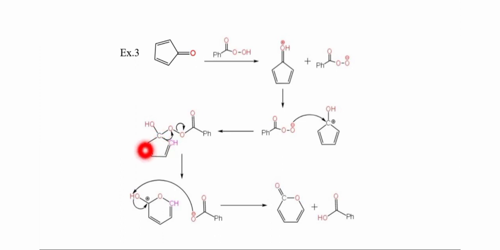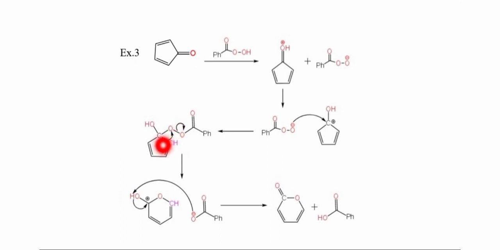Okay, in this case we don't have selectivity, or we don't have to apply migratory aptitude, because both carbons are secondary carbons. Okay, so you can migrate either this or this. I have migrated this because it is near to our oxygen.